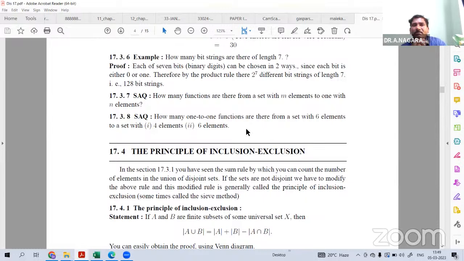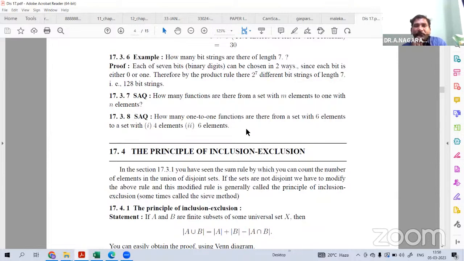Here, how many bit strings are there of length 7? Length 7 means each of the 7 bits is a binary digit that can be chosen in 2 ways. Since each bit is either 0 or 1, a bit means a binary digit in the string.